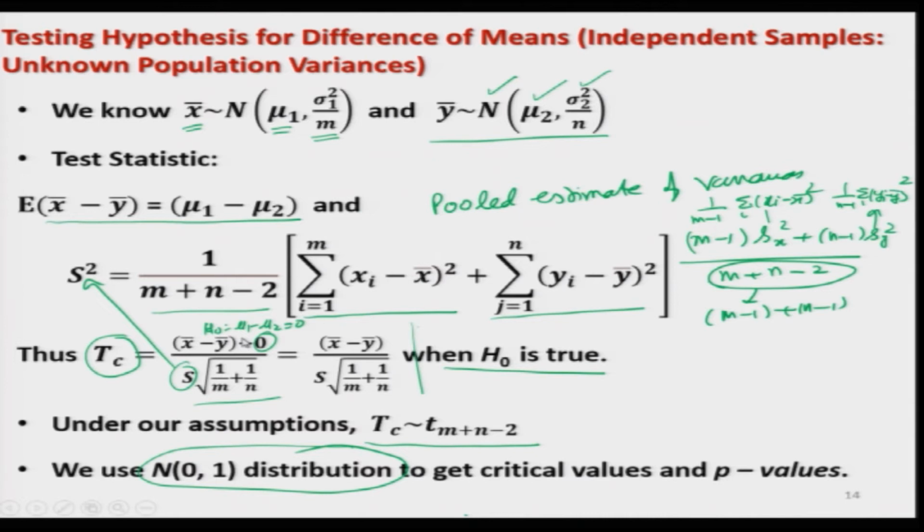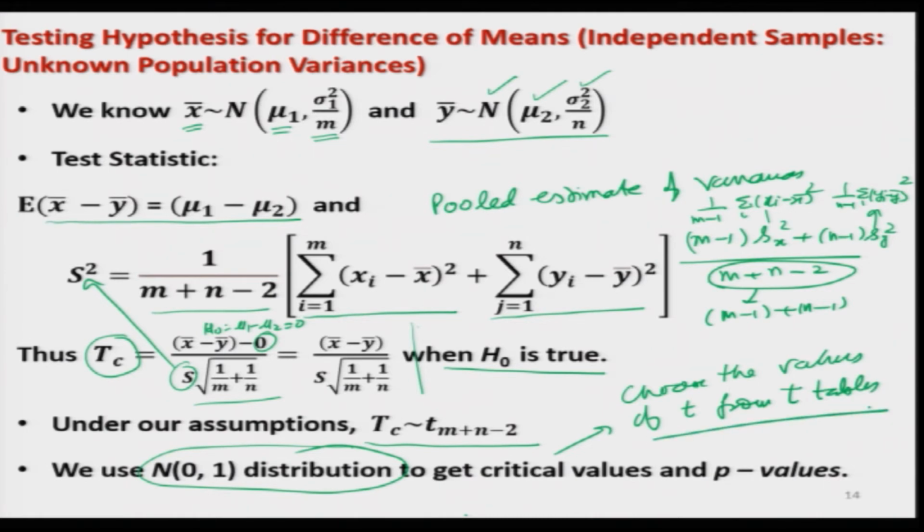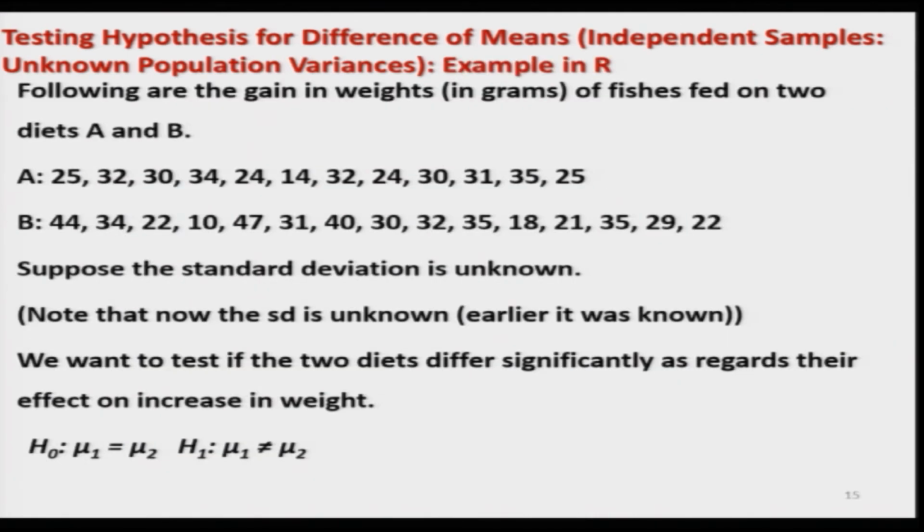That is really going to happen in data science. Otherwise, if that is not the case, please choose the values of t from the t tables, the probabilities of t tables. That is what you have to do, and this is what I wanted to write here.